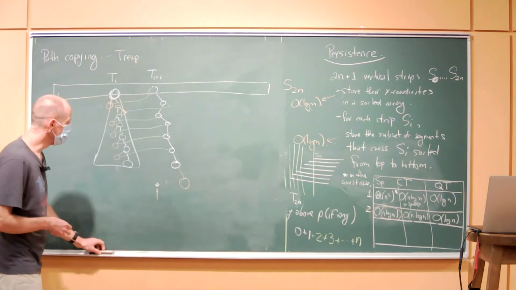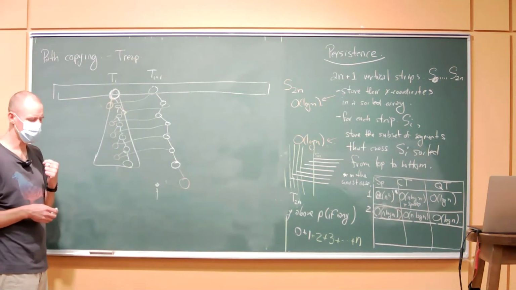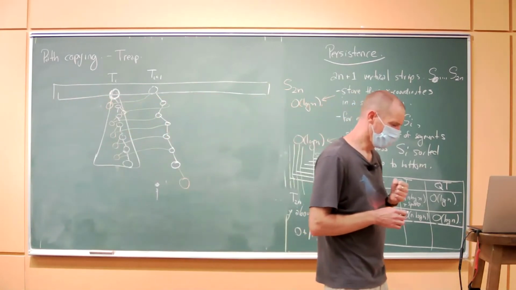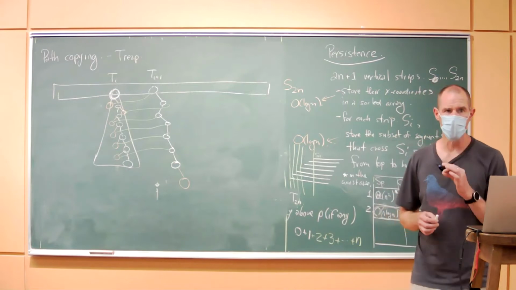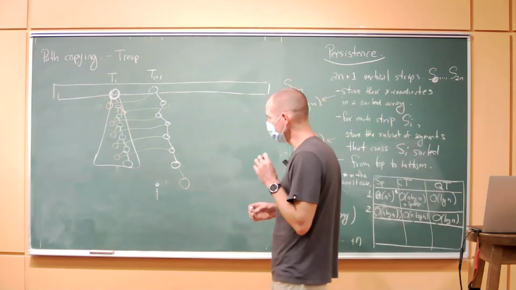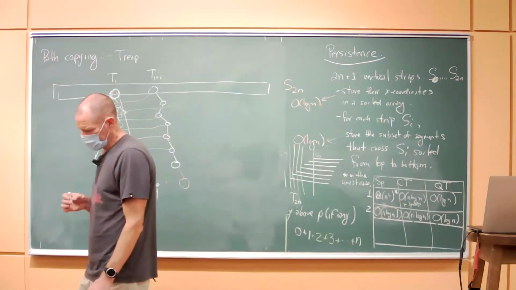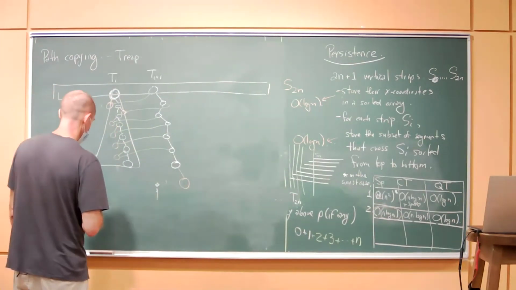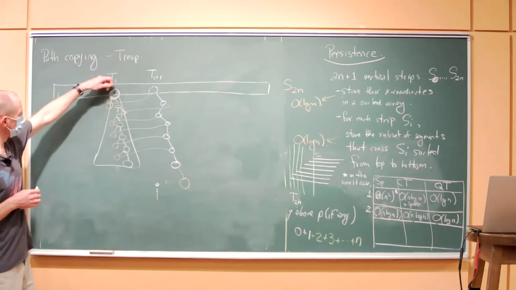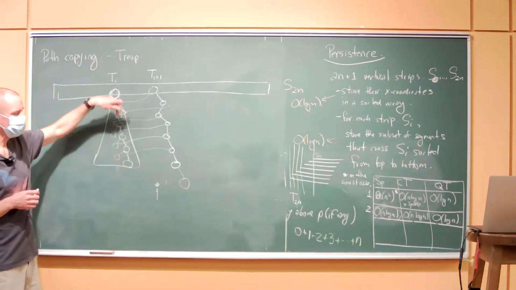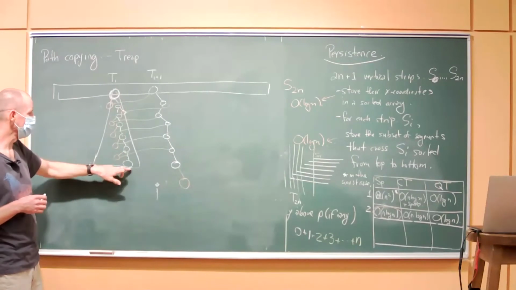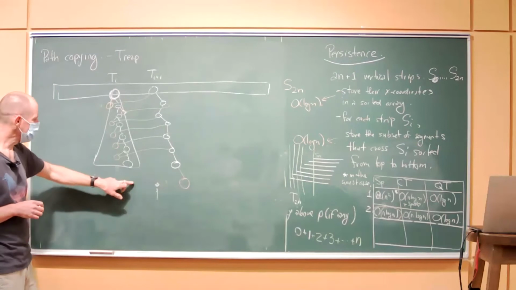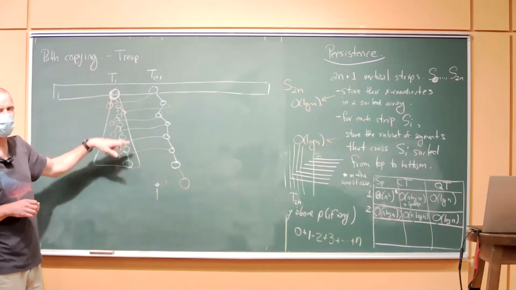Now, how are we going to do that, or why should that even be possible? Well, one of the finer points about treaps that I mentioned is the following. When I do an insertion in a treap, I find the place to add the new node, I attach it as a leaf, and then I said you don't have to do more than log n rotations.